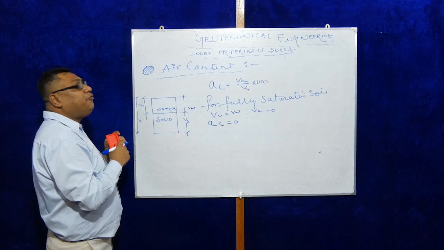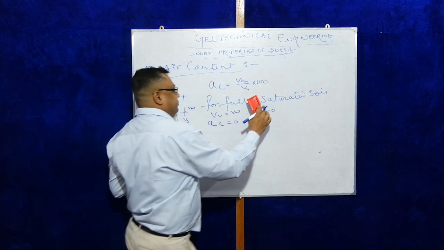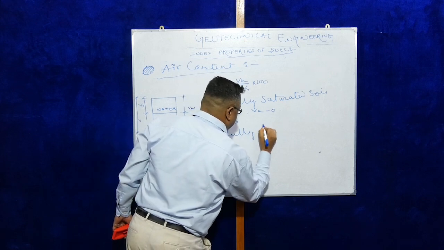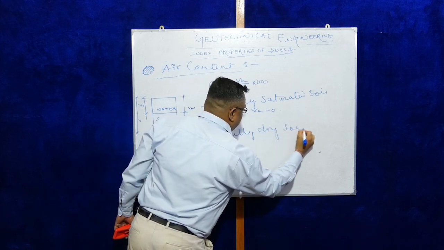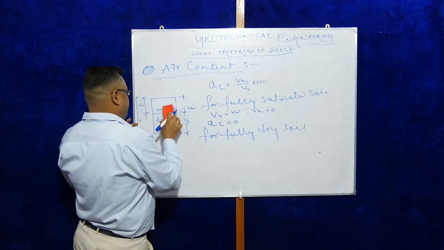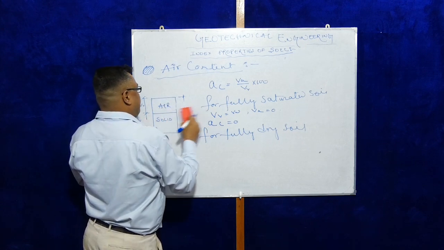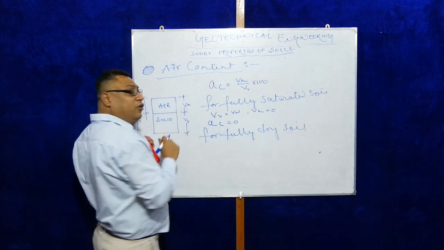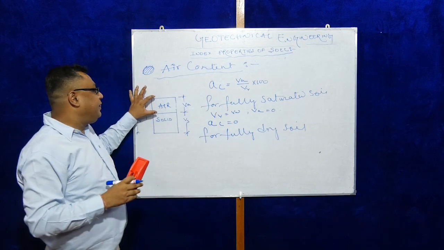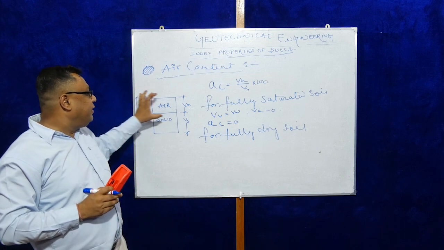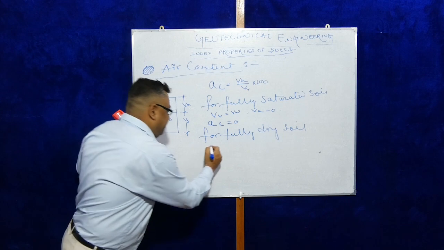Now, in case of fully dry soil, the void spaces are completely filled with air. Therefore, volume of void is equal to volume of air.